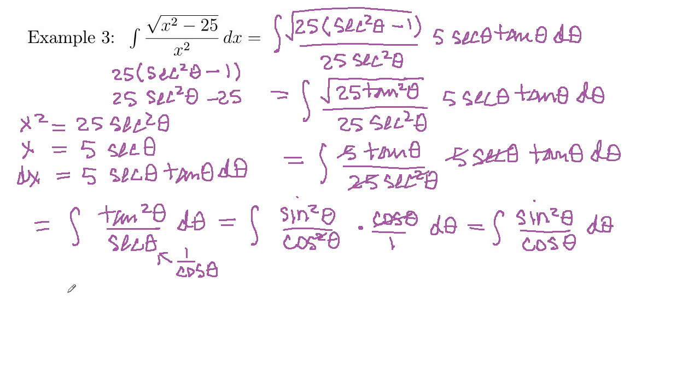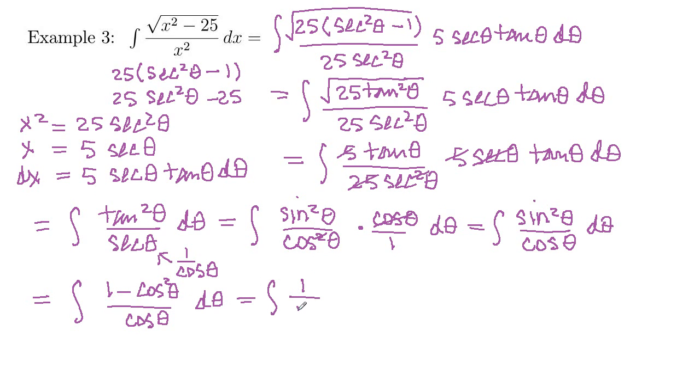And then sine squared, we can trade that out for 1 minus cosine squared theta over our cosine theta d theta. And then we can split these apart over the LCD.